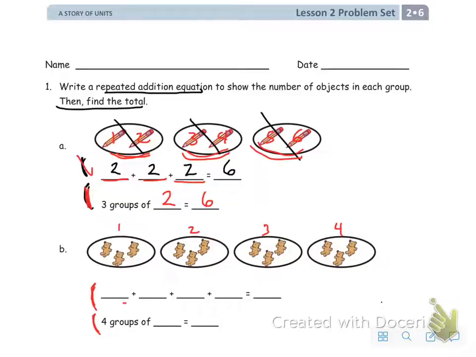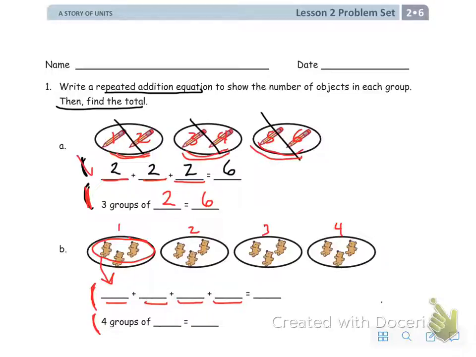And then we have 4 spaces. So you would simply count the number of bears in each group and write that number right here. Then you would come down and say 4 groups of blank equal blank.